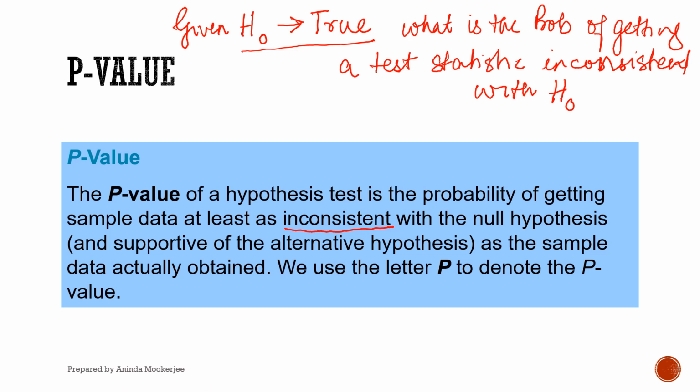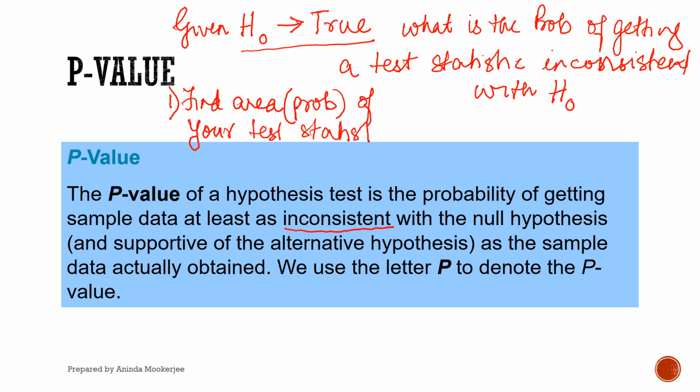The process for the p-value is to find the area, which is also the probability, of your test statistic. Once you find the area, that area is your p-value, and you compare it with alpha.